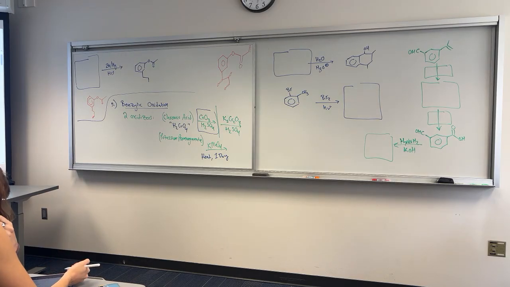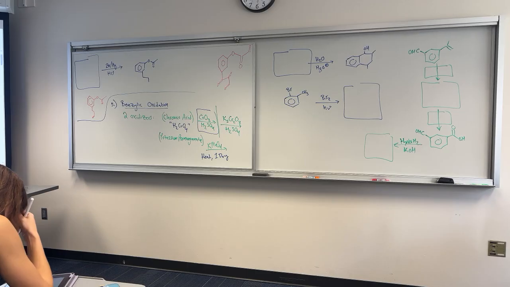If we didn't have H3O plus, don't forget your plus on there, H3O plus, this tells us it's actually an alkene addition reaction. So we need an alkene in the starting material. If it was just H2O, I would go with substitution. But the H3O plus tells us we're running addition. Good.